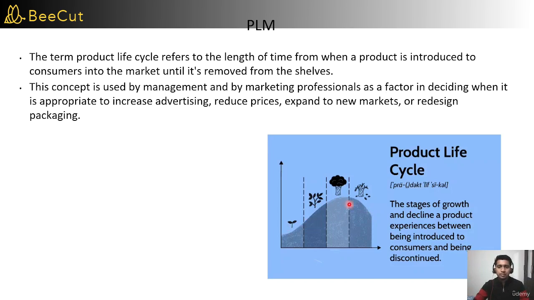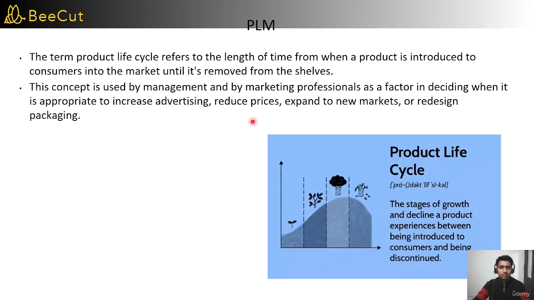So these are basically the four stages through which the product goes, and we'll be discussing all these four stages: intro, growth, maturity, and decline in the next slide. This concept is used by management and by marketing professionals as a factor in deciding when it is appropriate to increase advertising. So, at what stage is advertising important?